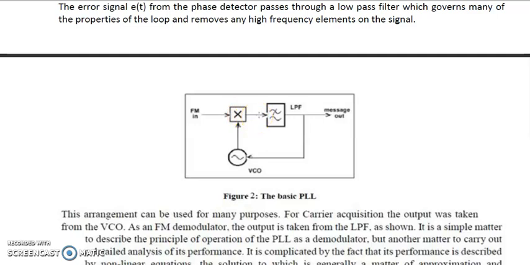Due to that error signal, this low pass filter will now be able to detect a low amplitude AC signal.